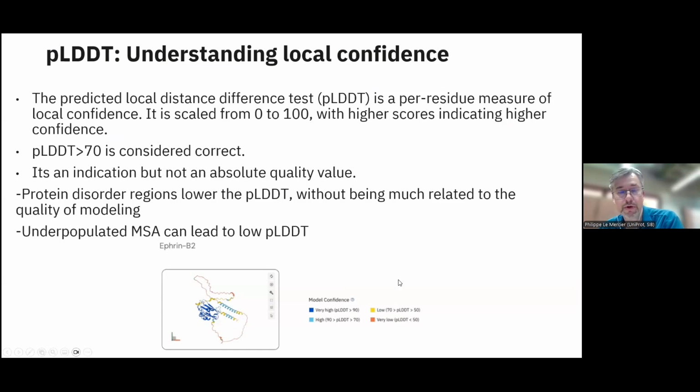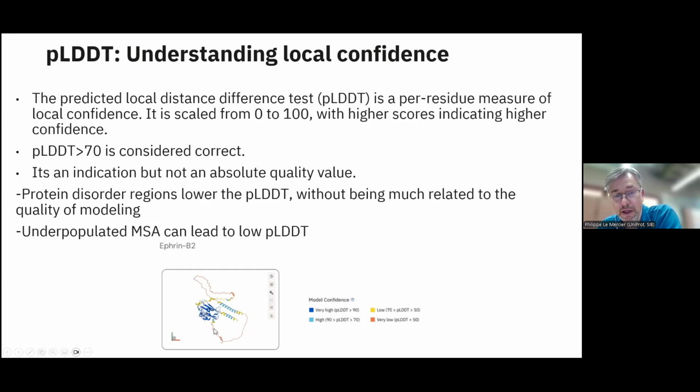Now, when you model a structure, you will have a local confidence, which is pLDDT. It's a predicted local distance difference test. Okay, so it's scaled from 0 to 100, and it is colored in all the predictors like this. So consider that above 70, it's correct. So you see here, there is a fold that the predictor, AlphaFold 2, is very confident about.